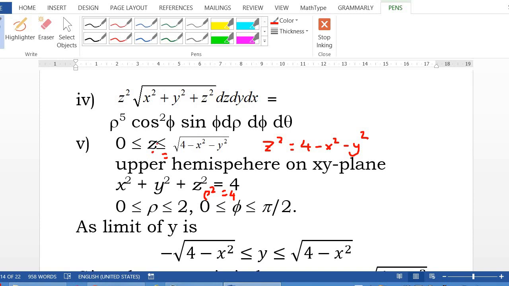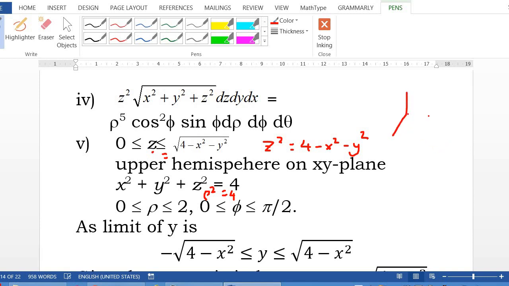Since from the limit for z, we have z from 0, the lower surface is z equals 0 and the upper surface is z equal to square root of 4 minus x squared minus y squared. So this tells you the solid is actually the upper hemisphere. That's why phi is 0 up to pi over 2.